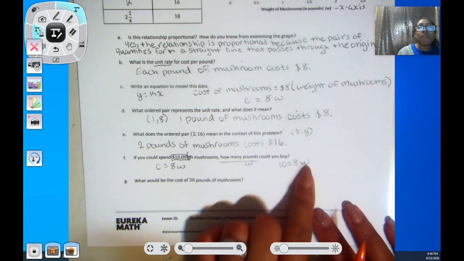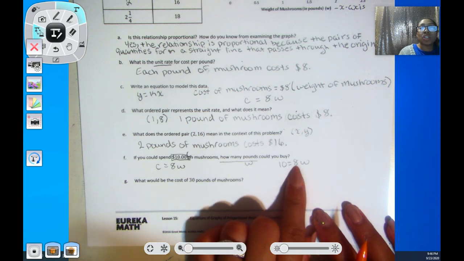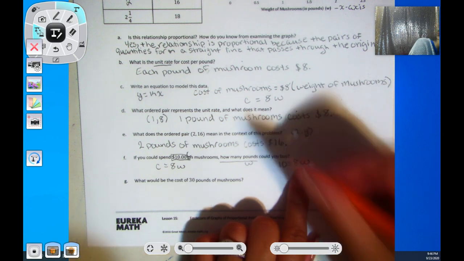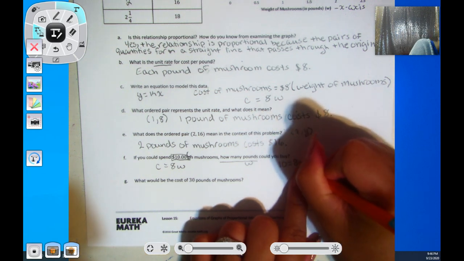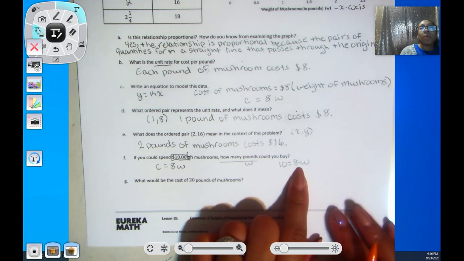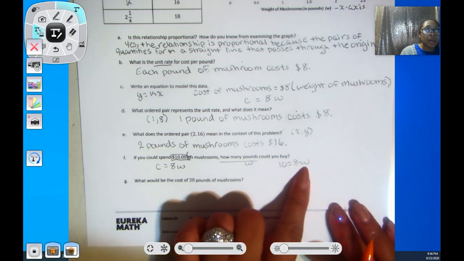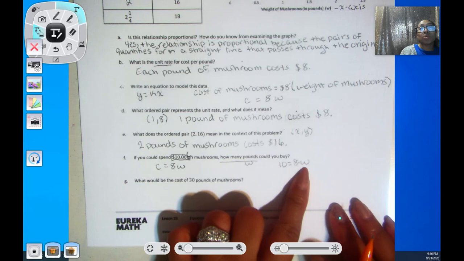Now, I want to figure out what this W is, so I want to get this alone. But right now, it's attached to this 8, and it's bonded to this 8 by multiplication. The 8 is being multiplied to the W. So if I want to break this bond in order to get this W by itself, I'm going to have to do the opposite operation. The opposite operation of multiplication is division.